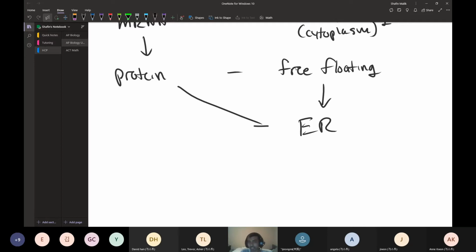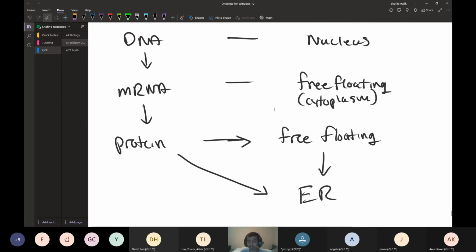Or it's made straight into the ER. So proteins can either be made to be free floating and then go to the ER, or they can be made straight into the ER. And also some free floating proteins, that is the end of their processing. That's just how they are. They can process themselves because they're small and simple.